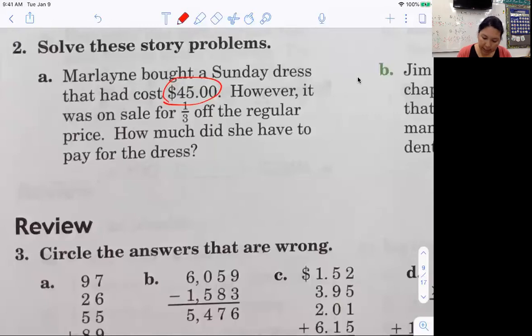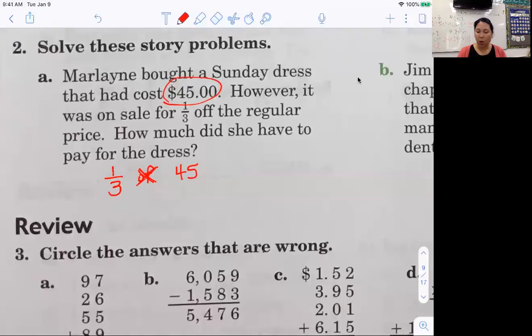So it's telling us that it was 1/3 off of $45. And I'm just going to write 45 to keep it simple, but we'll know that it's money. Okay, guys? Do you remember what of means? Yes. Of means to multiply.